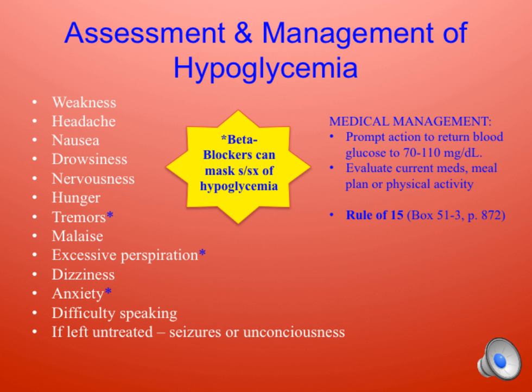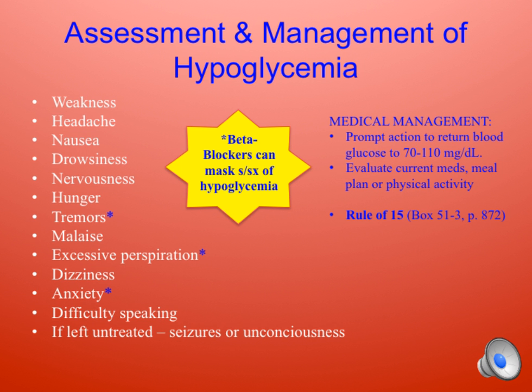Now I put some asterisks here for tremors, excessive perspiration, anxiety. This is not in your book, but it's something that we notice in the field, and we educate our patients on. So beta blockers can actually hide the signs and symptoms of hypoglycemia.